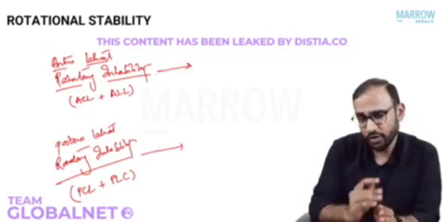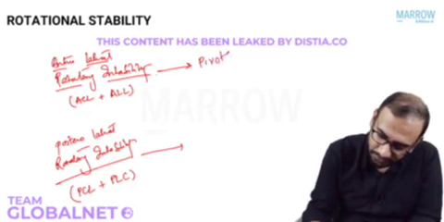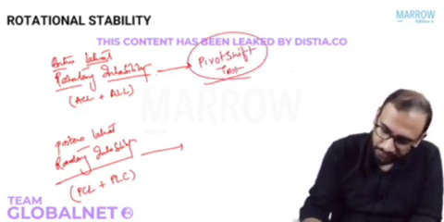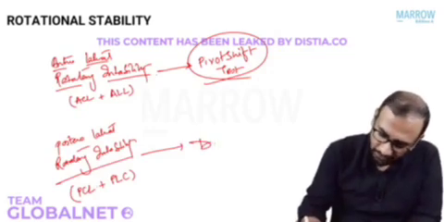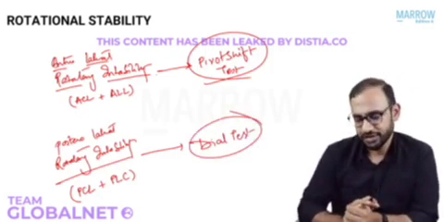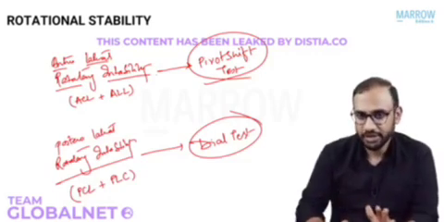For anterolateral rotatory instability, you have the pivot shift test, and for posterolateral rotatory instability, you have the dial test. So please remember this: dial test and pivot shift test for antero and posterolateral rotatory instabilities.